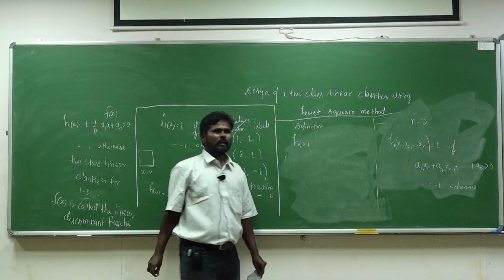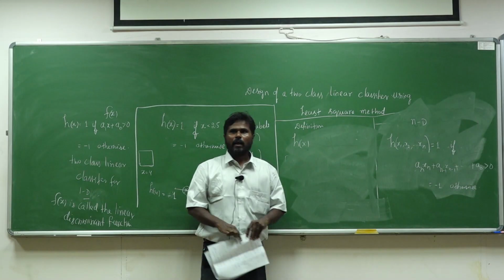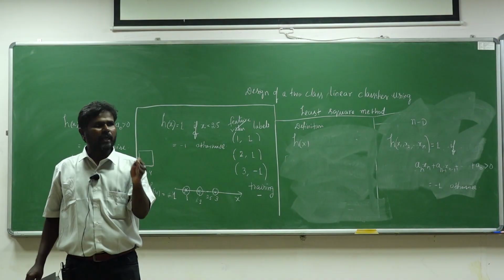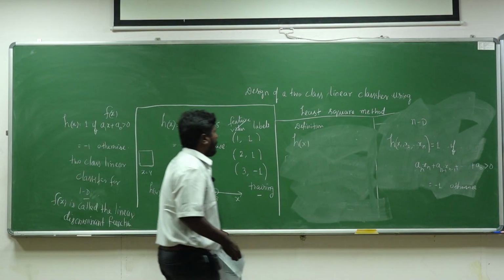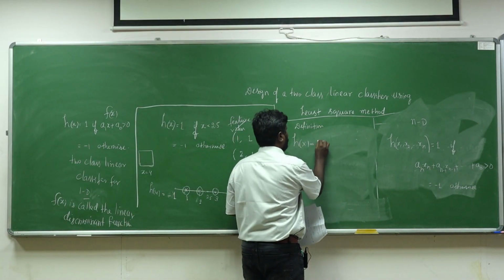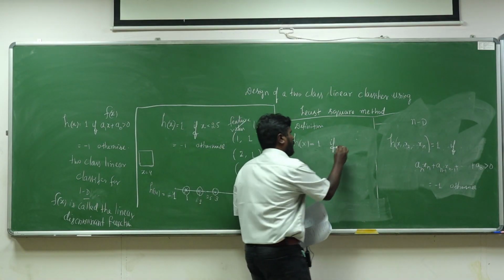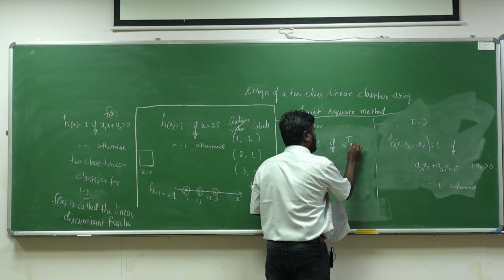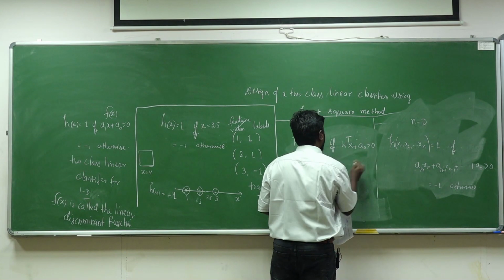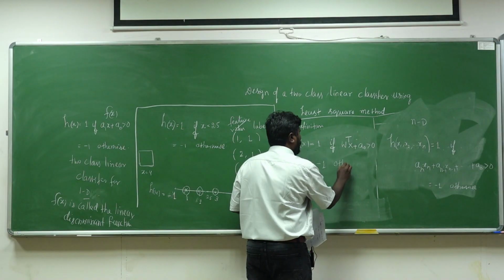I can define the two-class linear classifier as h of x, where x is a vector whose elements are x1 to xn, is equivalent to 1 if W transpose x plus a naught is greater than 0, and the classifier is minus 1 otherwise.